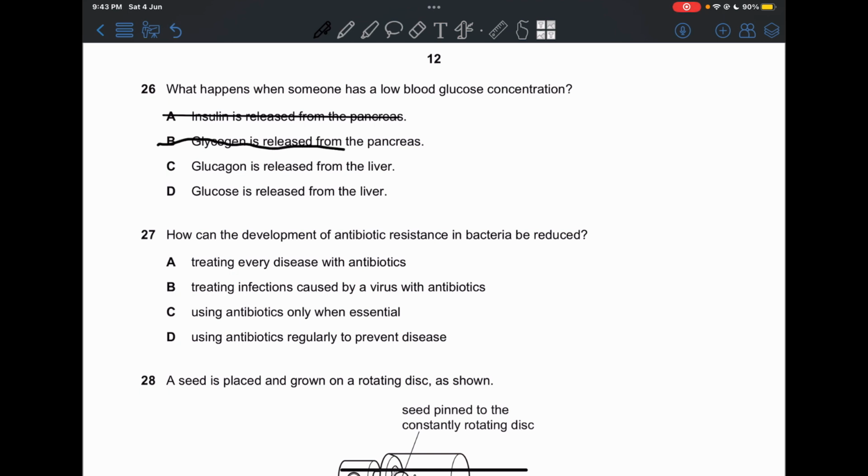So this is incorrect, and glycogen is in the liver, not the pancreas anyways. Glucagon is released from the liver. Well, this is incorrect. It's released from the pancreas because it's a hormone. Now the only correct option is going to be D. Glucose is released from the liver.